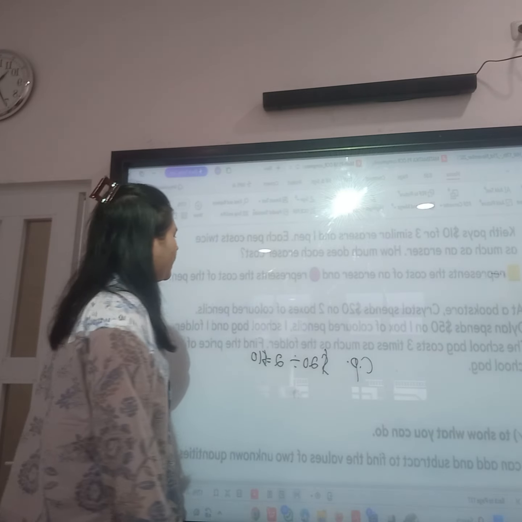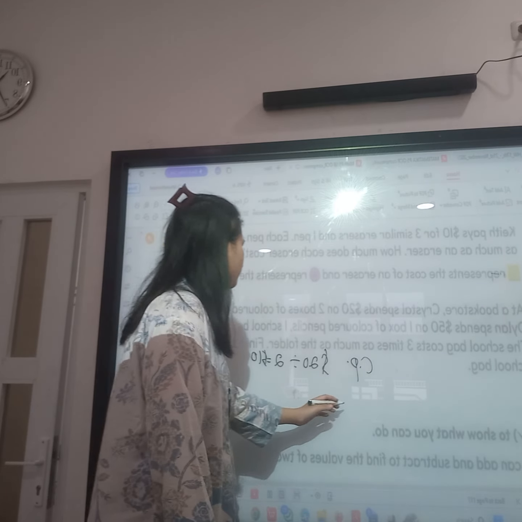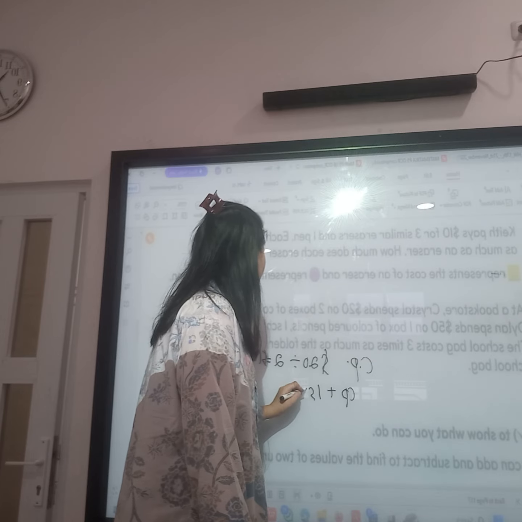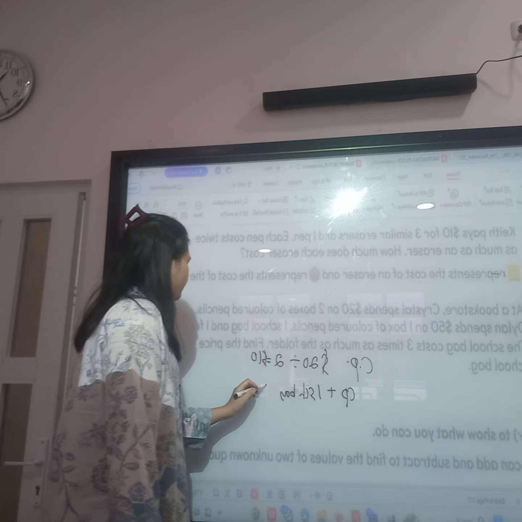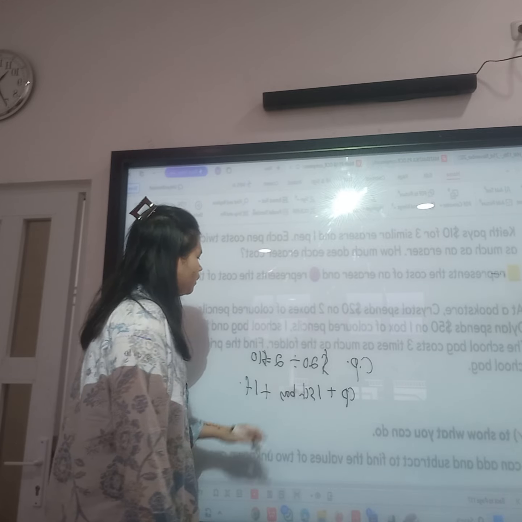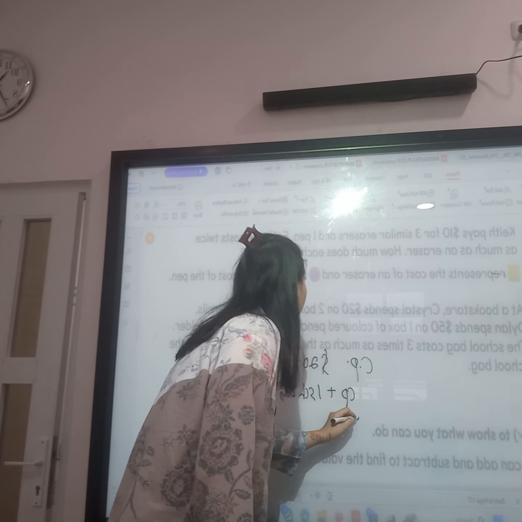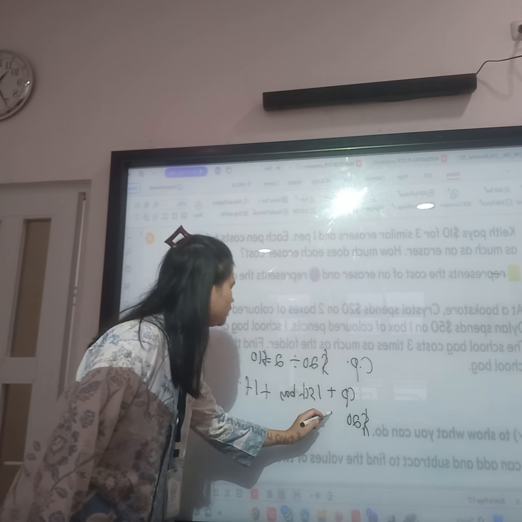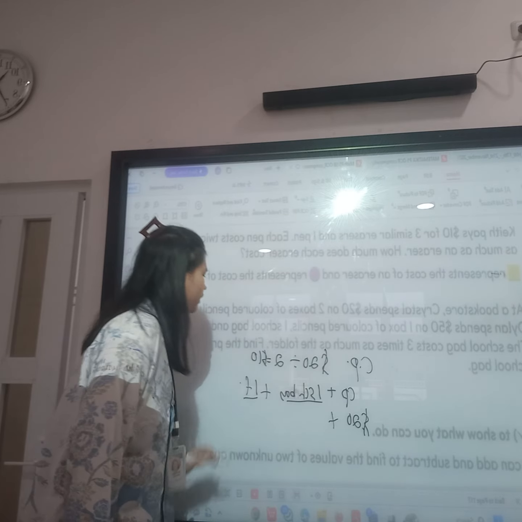And then Dylan spent $50 on 1 box of color pencils, so there will be the color pencil plus 1 school bag and then 1 folder. Because we already know that the color pencil is $20, we have one school bag and one folder.